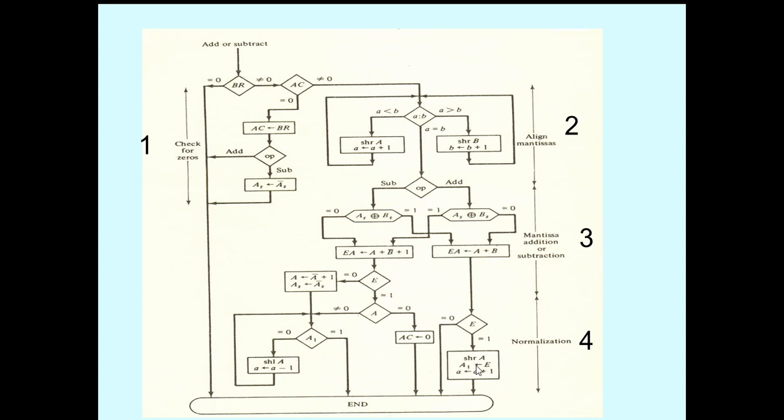This is nothing but normalization. So finally we get 1 in the A1 place, and by doing the shift operation the exponent value is incremented by 1. This is the way of adding two floating point numbers.